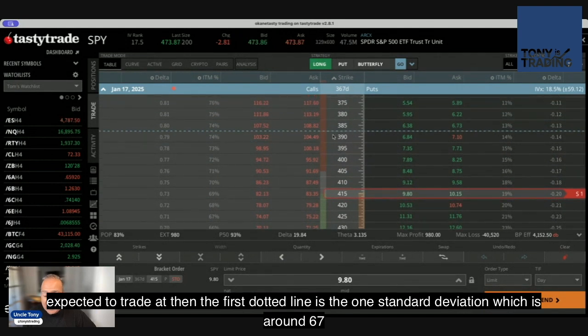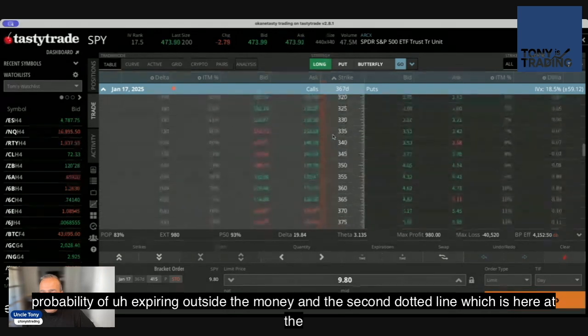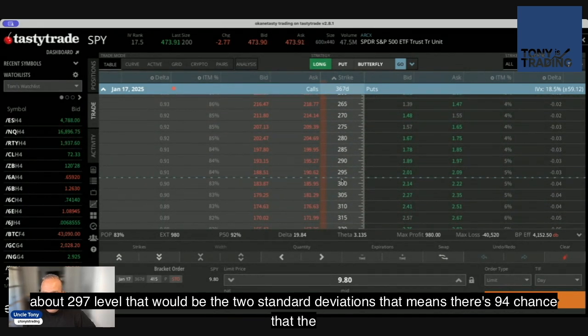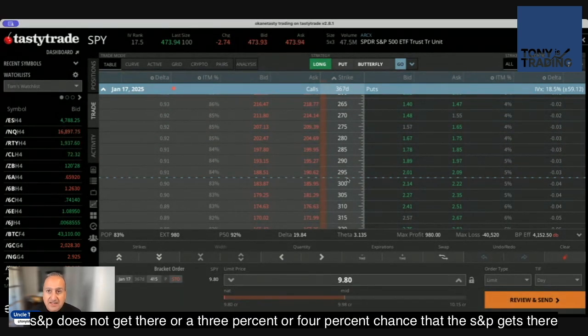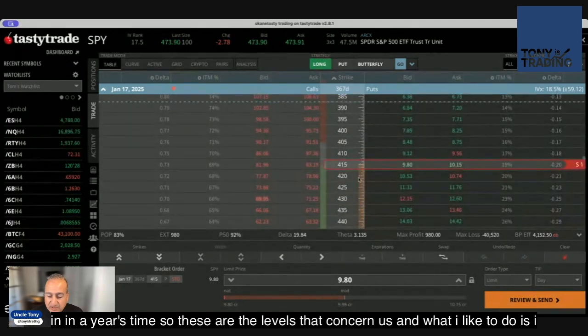Then the first dotted line is the one standard deviation, which is around 67% probability of expiring outside the money. And the second dotted line, here at around the 297 level, is the two standard deviations. That means there's a 94% chance that the S&P does not get there, or a 3% or 4% chance that the S&P gets there in a year's time. So these are the levels that concern us.